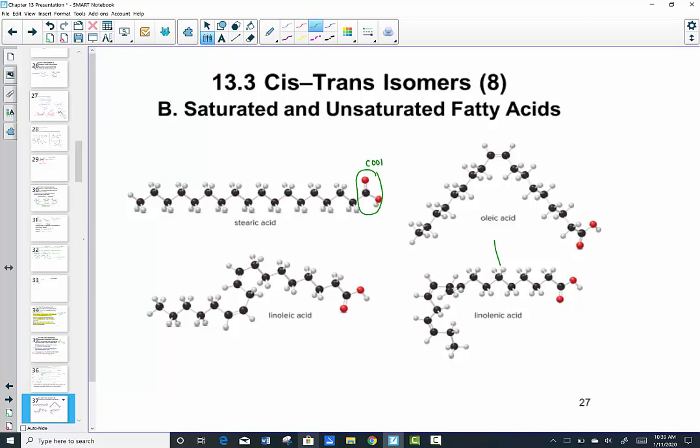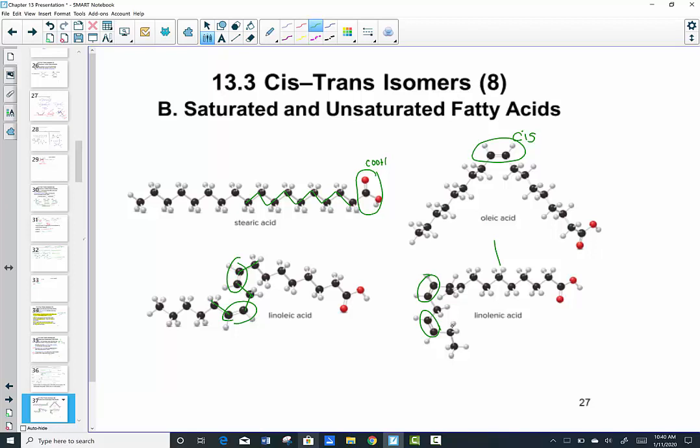Do you see the double bonds in the cis configuration? Here's one. Here's the next. There's the cis configuration. And in linolenic acid, we said there were three double bonds, all giving you the cis conformation. In that area there, it's hard to see. But that's a nice application to kind of think about why we are learning cis-trans conformation, and there's an application to a biomolecule of a fatty acid.